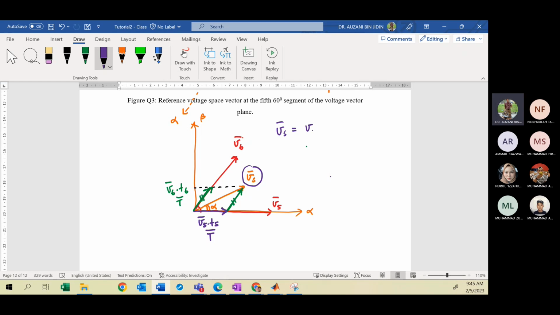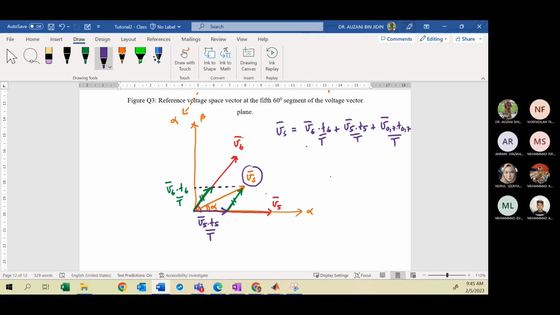You sum all the component vectors: V6, T6 per T, V5 here, the blue color, V5 per T, and the zero vector, T07 divided by T, to produce the resultant vector Vs.